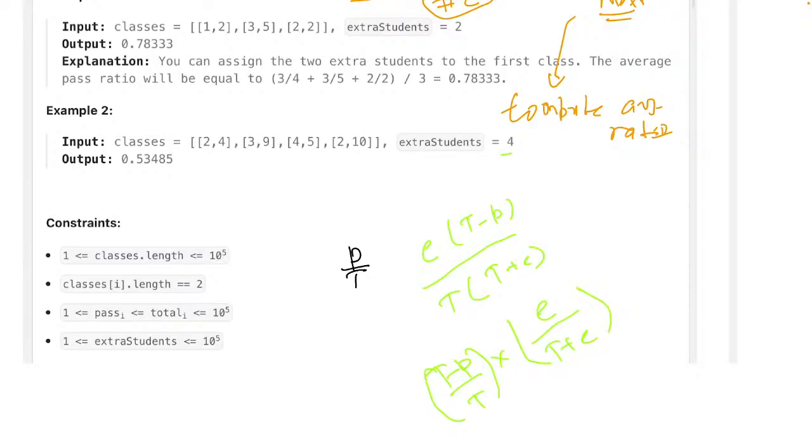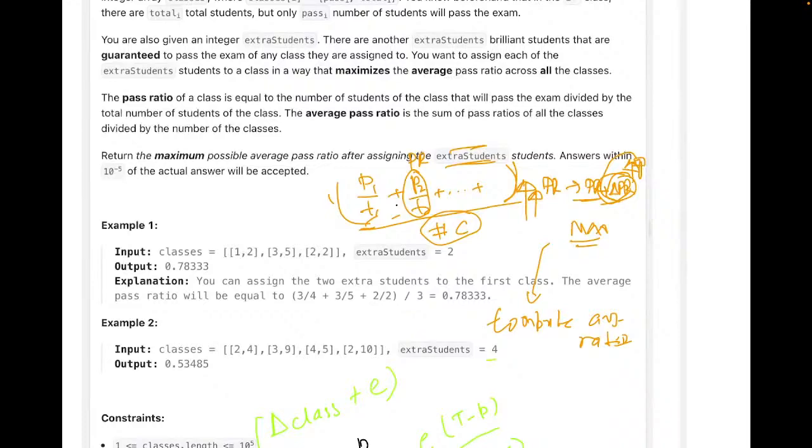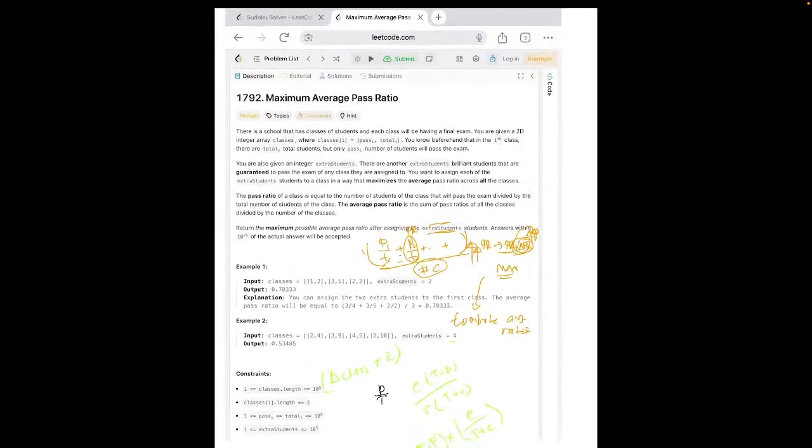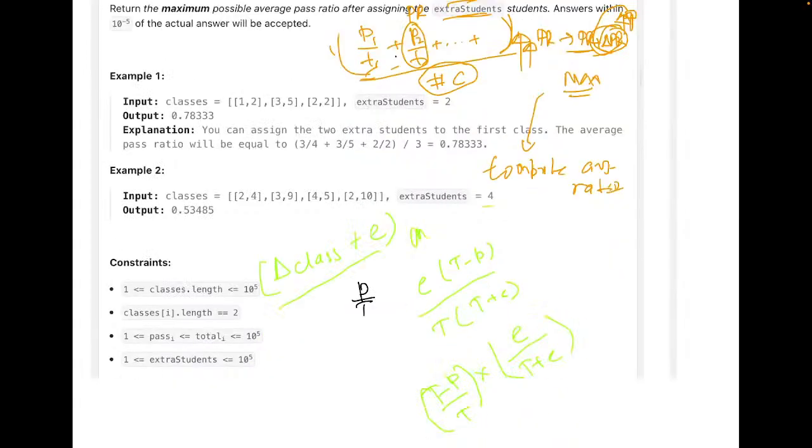So my goal is this: my algorithm says that I'll calculate the delta for each and every class by putting E students over there, and the class which has max delta will win, and when it wins we use that delta to compute the final average.